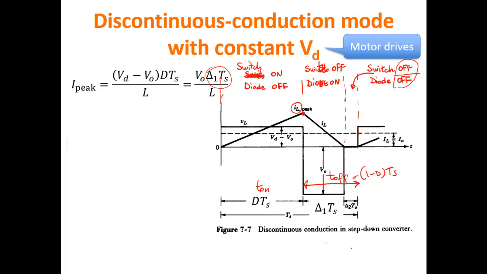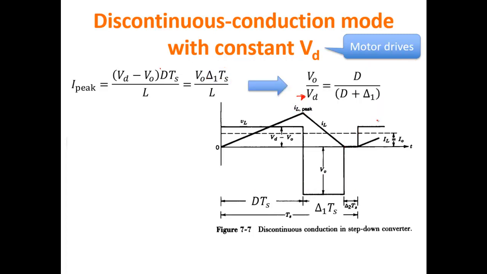Okay, so if I compare the two expressions, the nice thing is that I can obtain delta 1 as a function of the other quantities, or also VO as a function of both D and delta 1. I will need an additional piece of information in order to obtain only the dependence of the output voltage on D, but that is going to be more complicated.